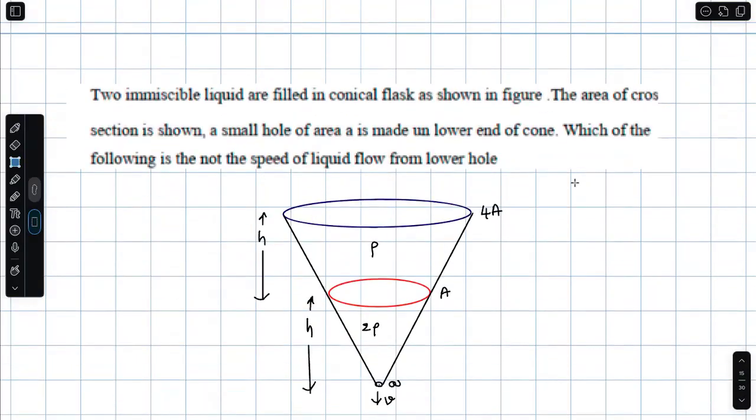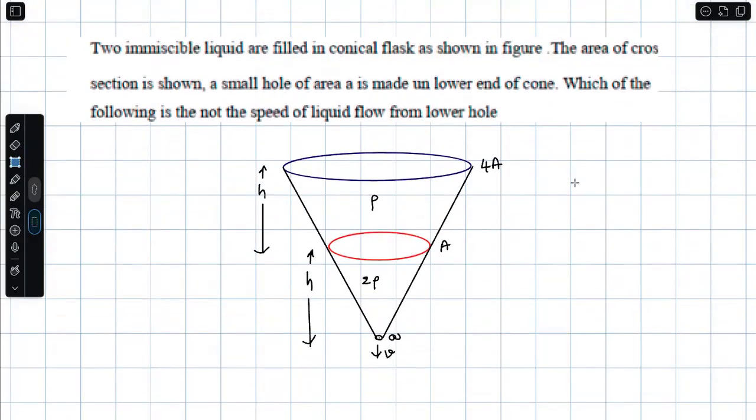Right. You have separation, very clear cut separation. What do you want? Speed of liquid flow from the lower hole. No issues.